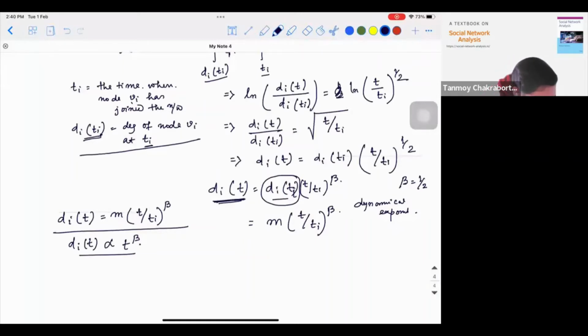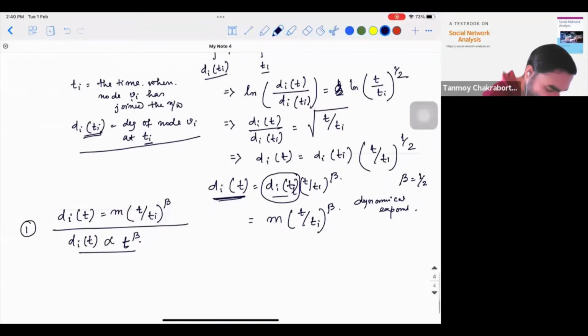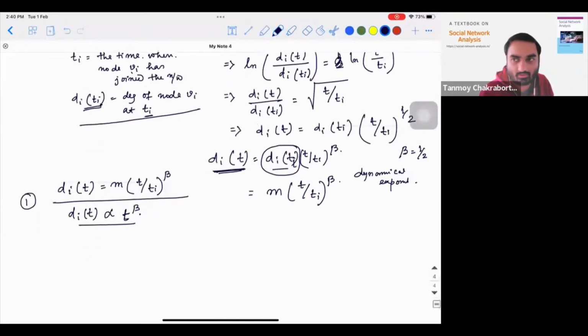So it is also a power law with respect to the time parameter. We are not done yet because we need to prove that the degree distribution follows a power law. This is not degree distribution. So it says that the growth of a degree also follows power law with respect to time t. This is the first conclusion that we can draw.